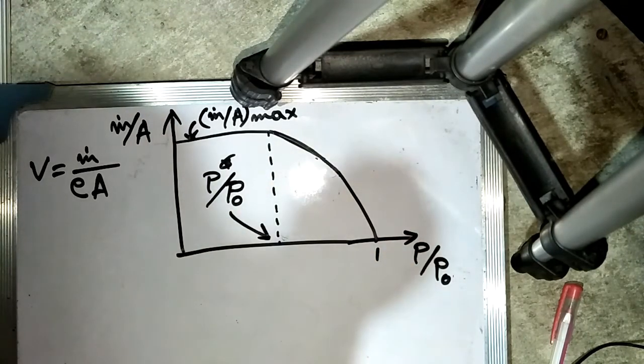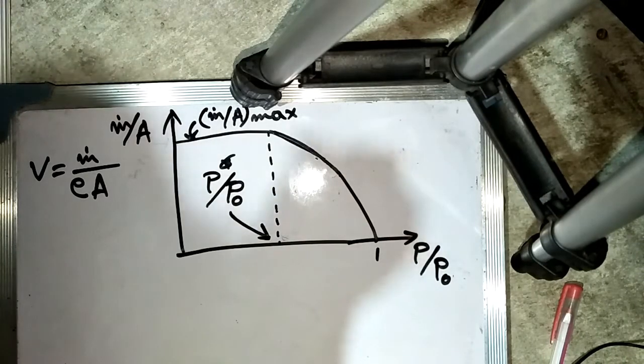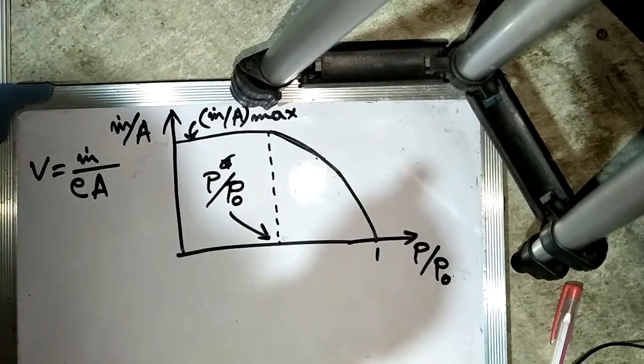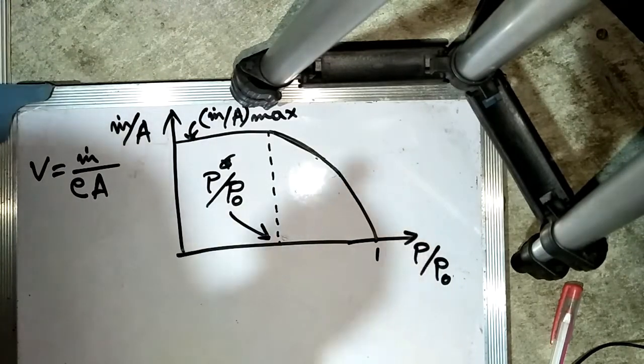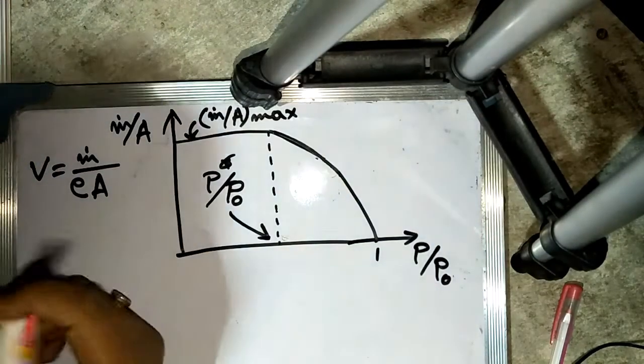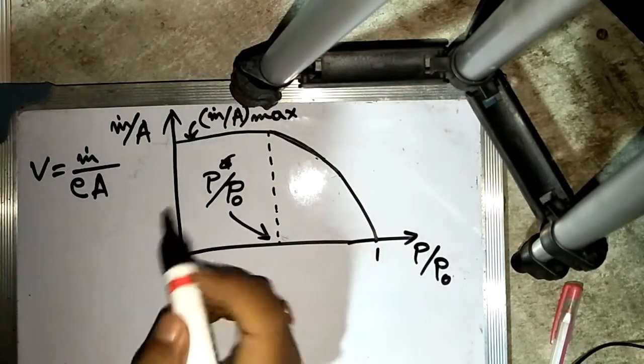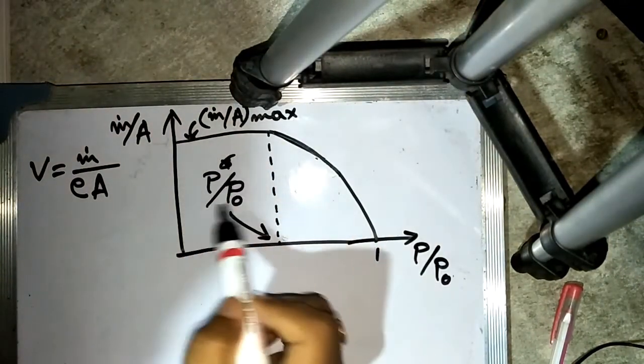This discharge is known as critical discharge, and the properties of the throat under these conditions are called critical properties, designated by the superscript star, as shown in this figure.